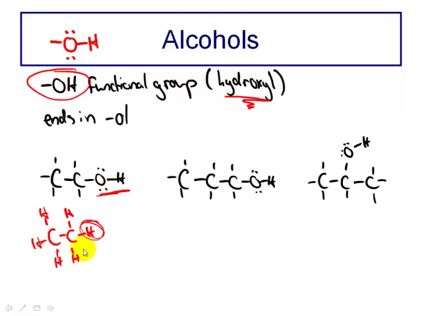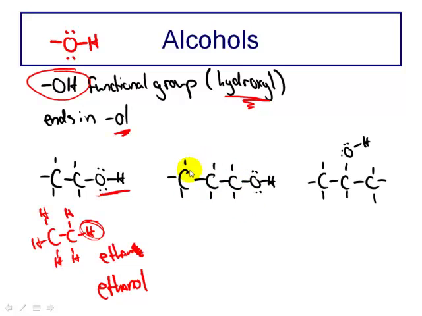I'm going to start with the name of the parent hydrocarbon, which is ethane. I'm going to take off the E, and add a suffix that tells me it is an alcohol. The suffix here is OL, and so the name of this compound is ethanol.